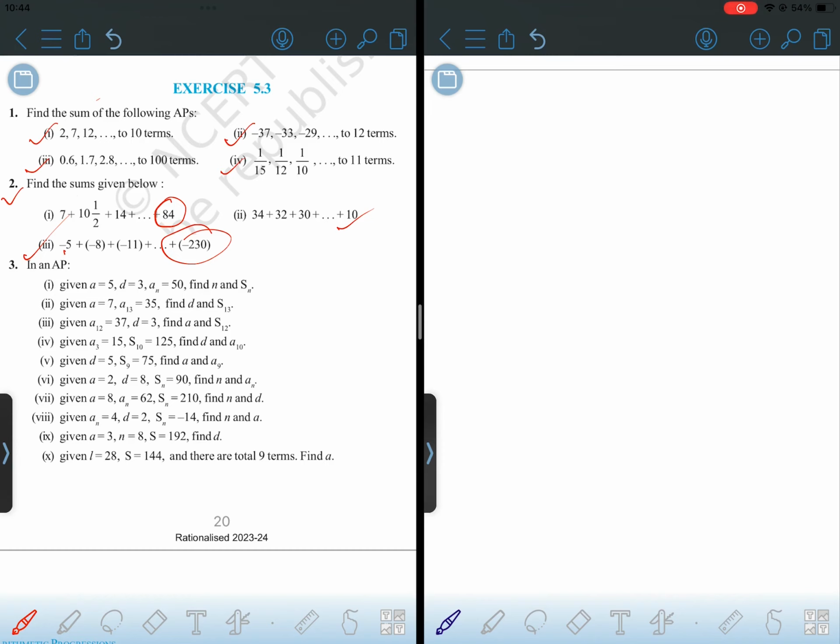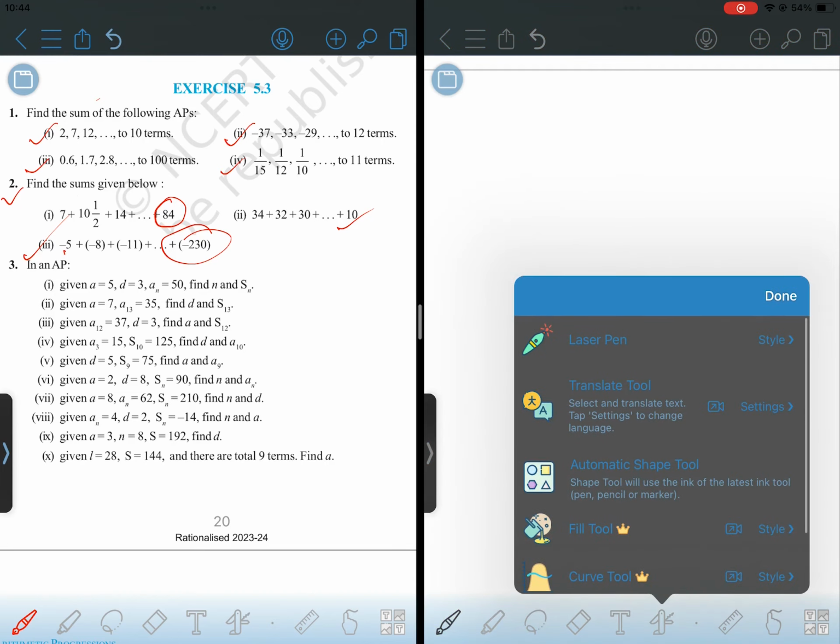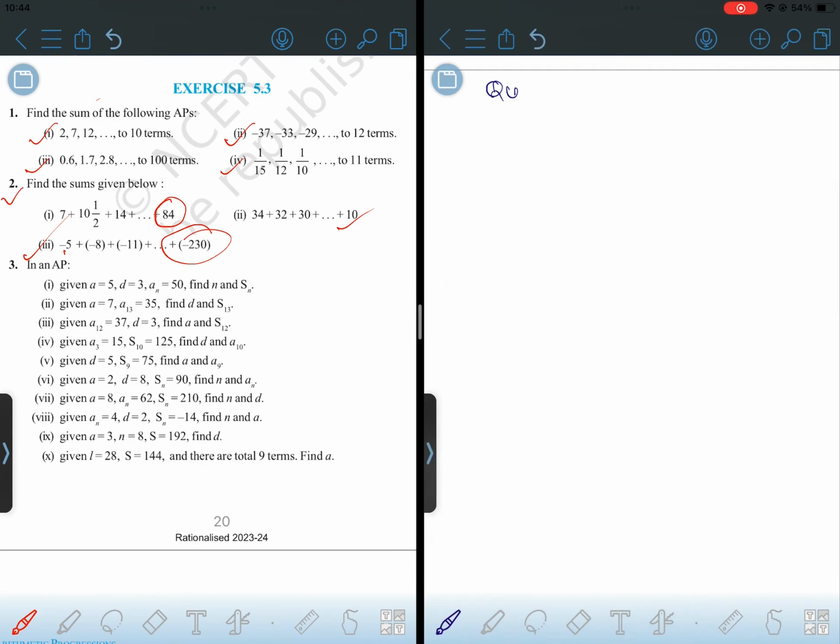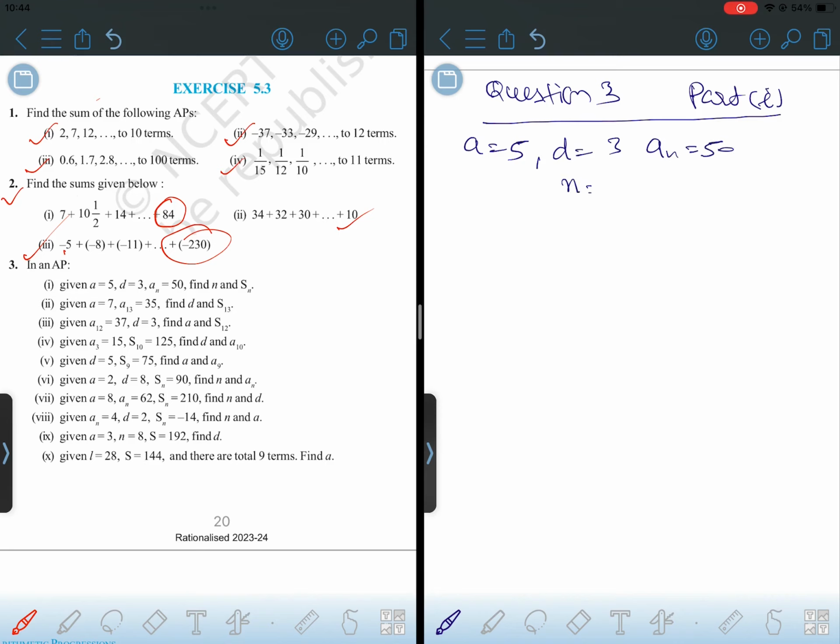In question number 3, part 1, we are given A is equal to 5, the value of D is equal to 3, the value of An is equal to 50, and we have to find out the value of n and Sn.